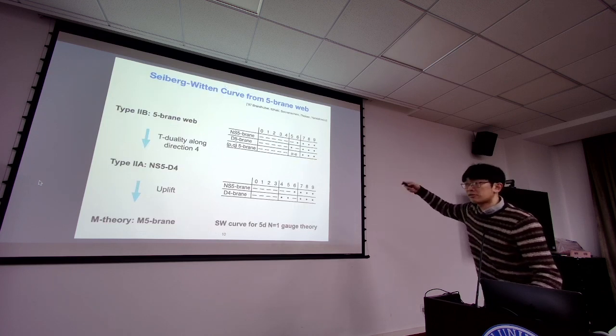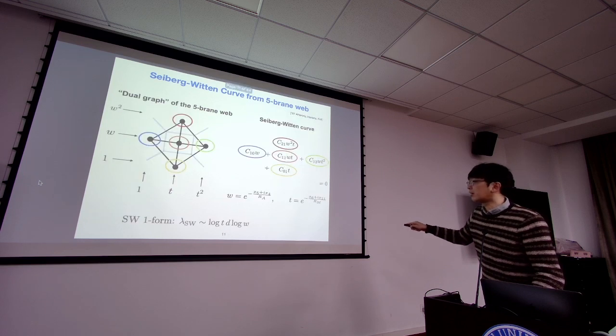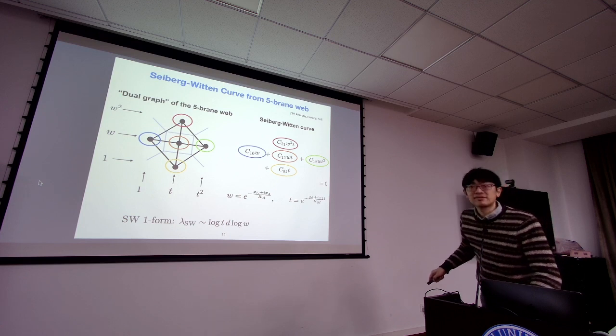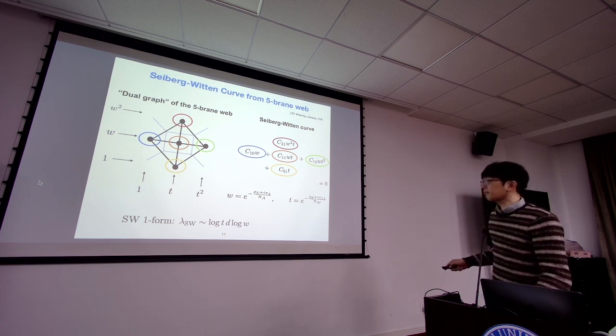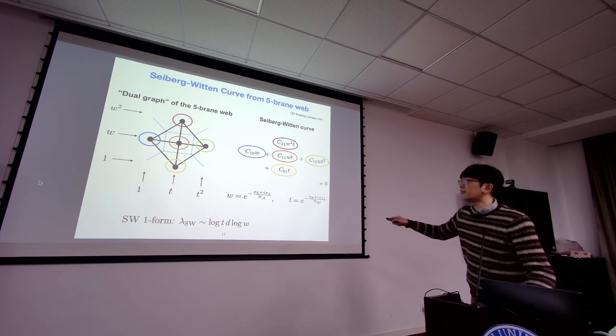So this fourth direction is also a circle, and we can define the radius, the radius in type IIA, which I wrote as R_A. I see. So R_M is basically the coupling constant of the 5D gauge theory. Yes, that's right. And what is the genus of this curve? Is it still genus 1? In this specific case, the genus is 1.